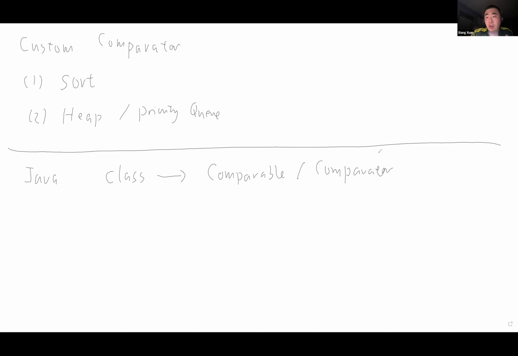I will show an example. The example is also very simple. What you need to watch out for is this. In your class, you will have several properties, right? If you have multiple properties, most of the time you only use one of them as the key comparator, right?